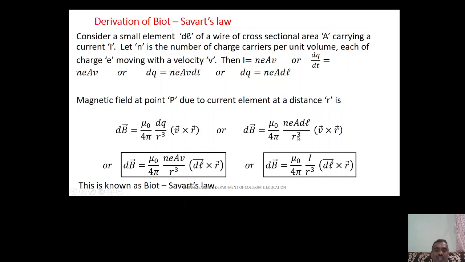If you substitute here, dB vector equals mu naught by 4 pi, nAe dl divided by r cubed, into vector v cross r vector. Then this nAev is I. Therefore, this reduces to dB vector equals mu naught by 4 pi, I divided by r cubed, into dl vector cross r vector. So this is known as Biot-Savart's law.